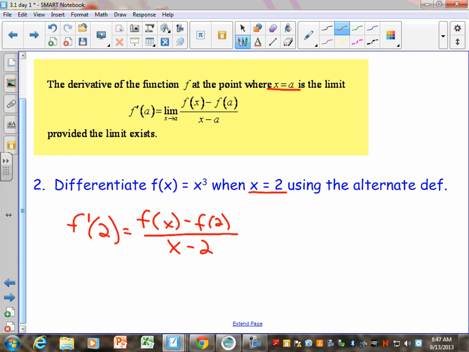I'm leaving the x and replacing a with what it equals. The x I don't change. This is just the original function, which you agree is x cubed. Minus, I'm going to plug 2 into the function, which is 2 cubed, which is 8.